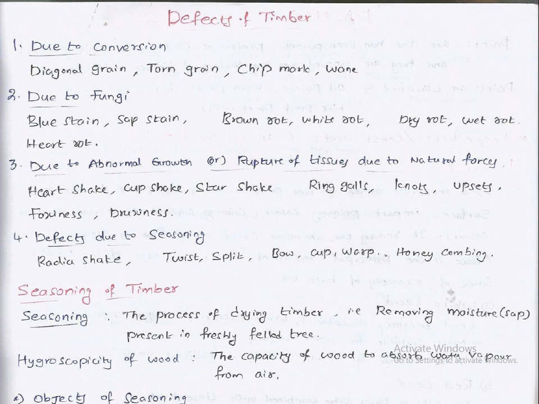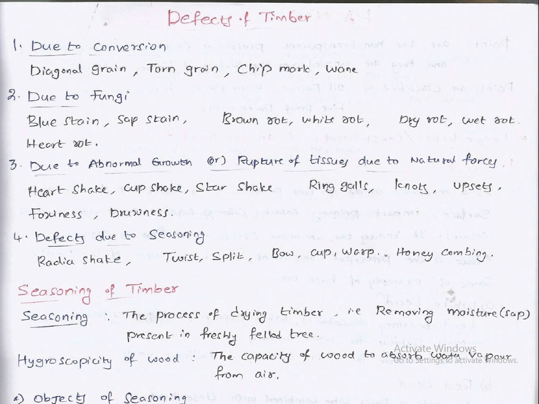Due to abnormal growth or rupture of tissue by natural forces: heart shake, cup shake, star shake, ring shake, galls, knots, upsets, foxiness, druxiness. Defects due to seasoning: radial shake, twist, split, bow, cup, warp, honeycombing.